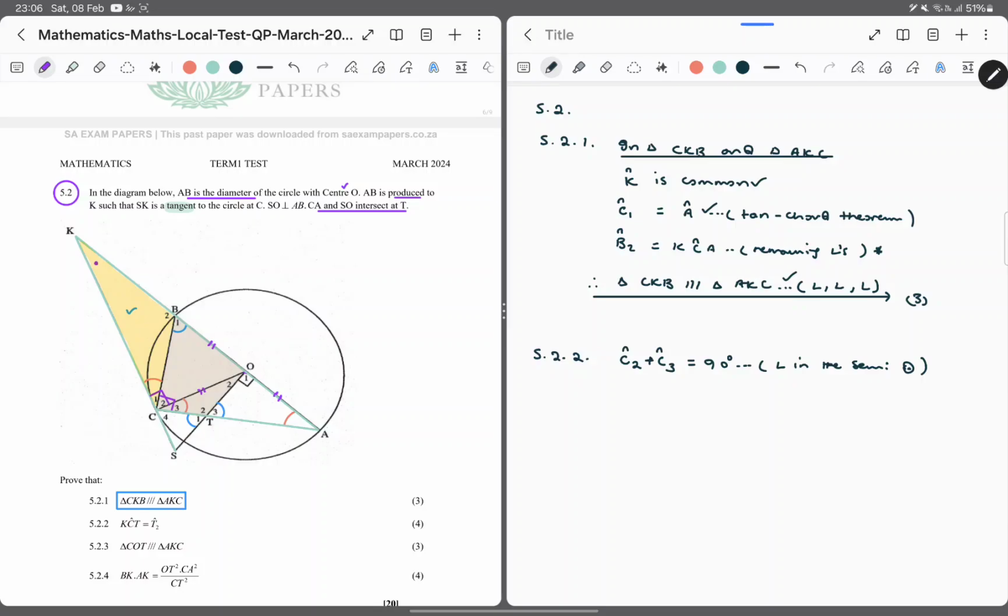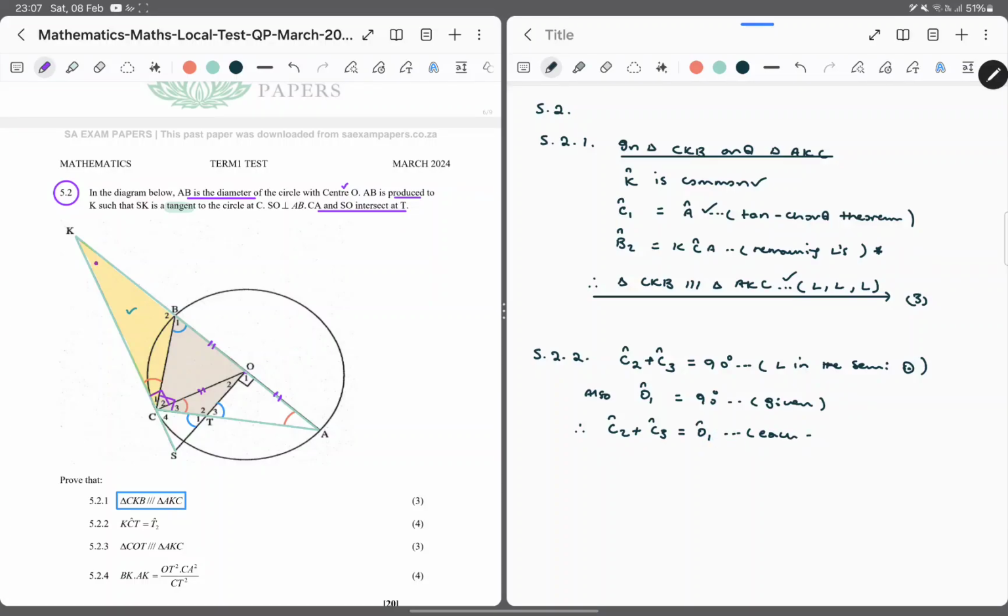We can say also, we know that angle O1 is 90 degrees. This was given. So we can say, therefore, C2 plus C3 is equal to angle O1.